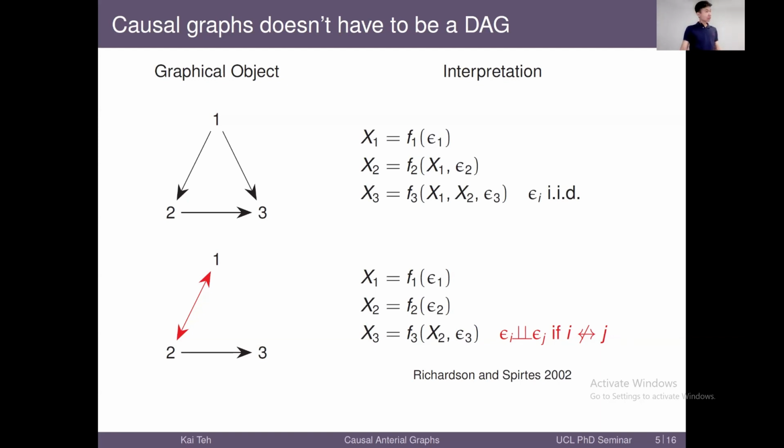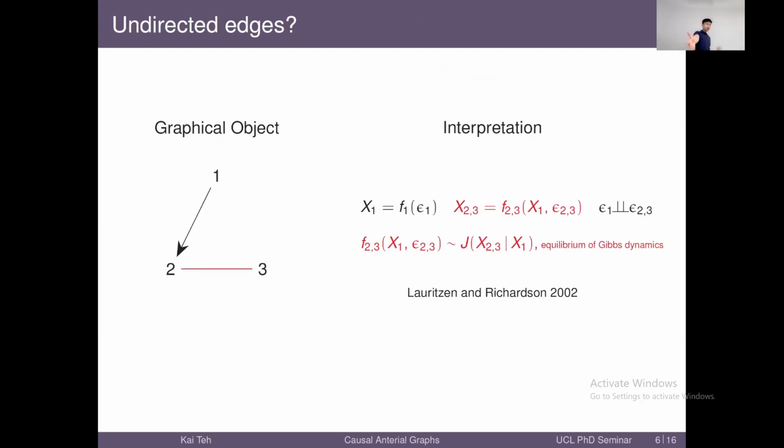But that's not all. We can go one step further. We can also include undirected edges, lines, here. So how do you interpret this? According to Lauritzen and Richardson, we can think of it as a chain component-wise SCM, where a chain component in the graph just means a set of nodes that are connected via a sequence of undirected edges.